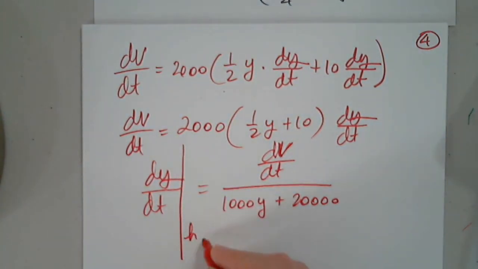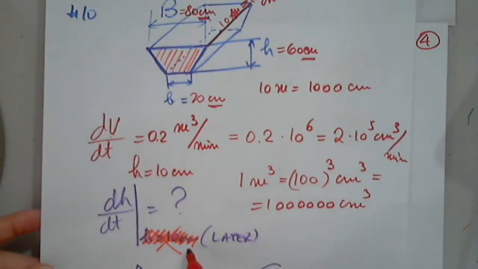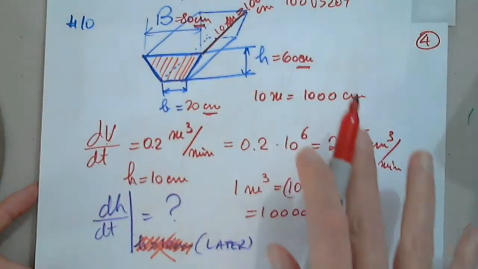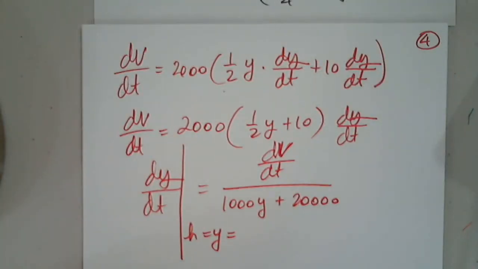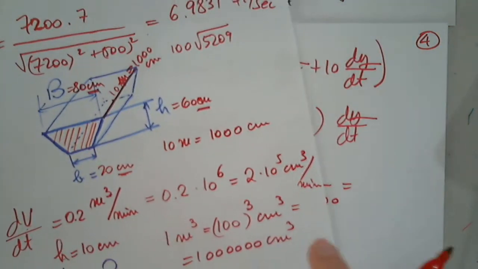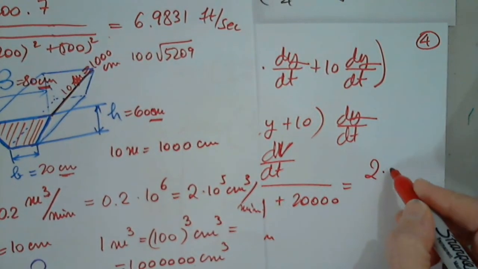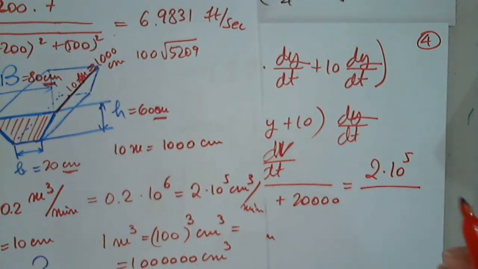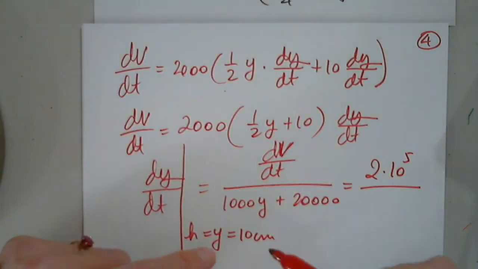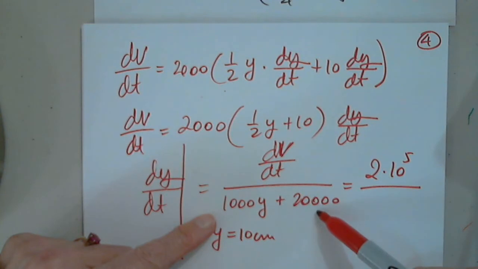Where, well, it was h, but it's y now, when y is, what was it? 10. And everything is in centimeters. h or y is 10. And dV over dt is this number, over, so this is 10,000 and 20,000.